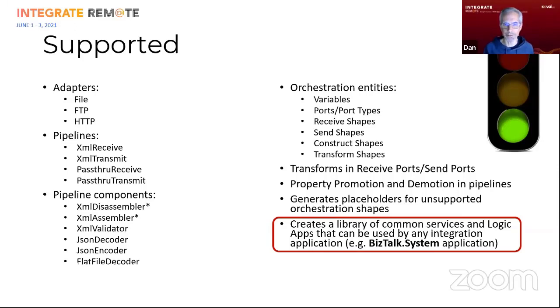And that application includes all the foundational components like your property schemas, your built-in pipelines, and your adapters. That's exactly what this tool does, only of course it implements that using Azure-based artifacts. So that alone is extremely helpful. Even if you don't deploy or migrate a specific application, just by doing that alone, you now have a foundation for you to build integration services in the cloud.